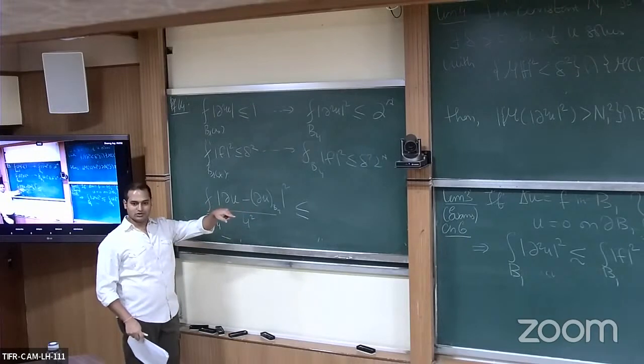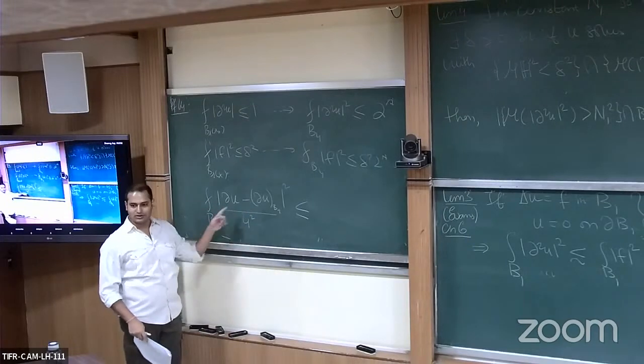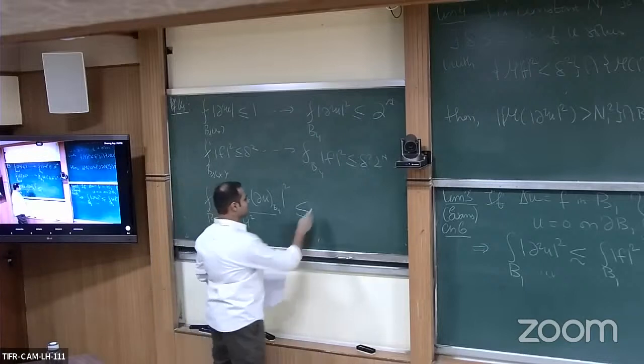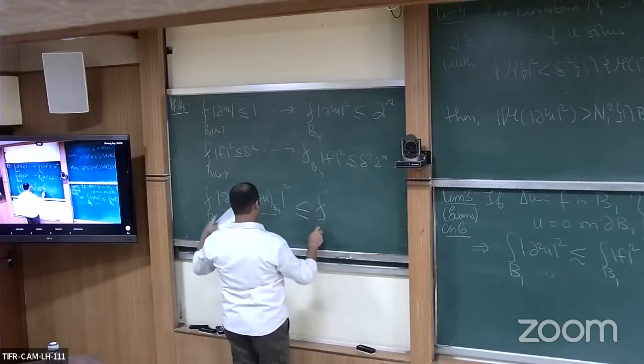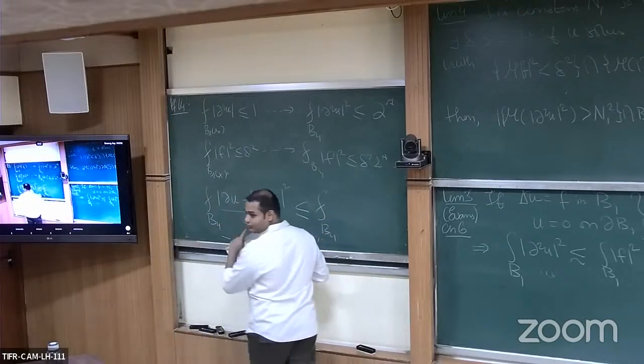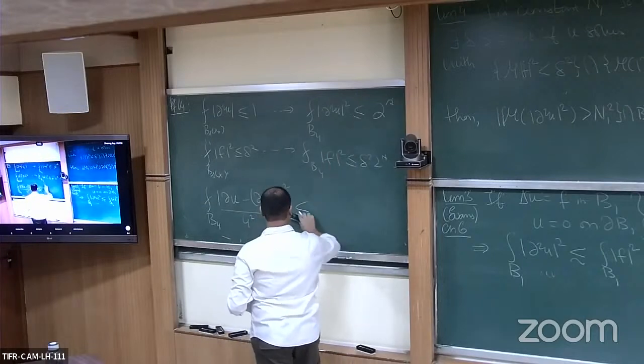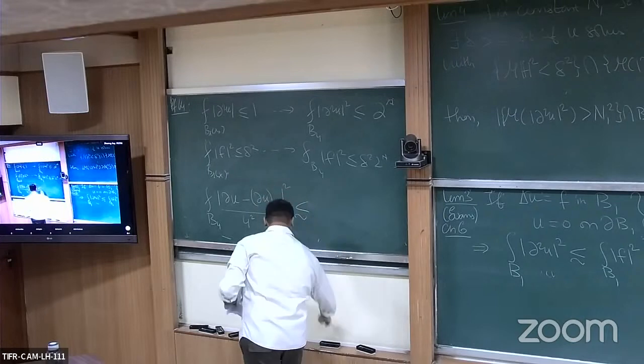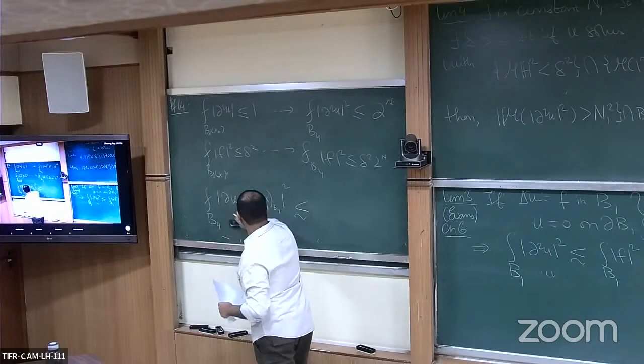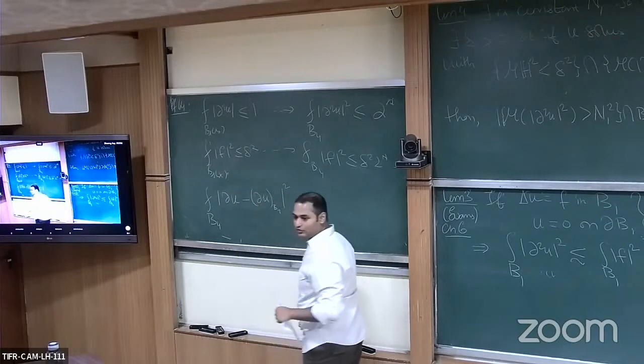Gradient scale pulls out a factor of radius, so you need to scale by that. And the average is d2u whole square, which I bounded. So this is some constant.